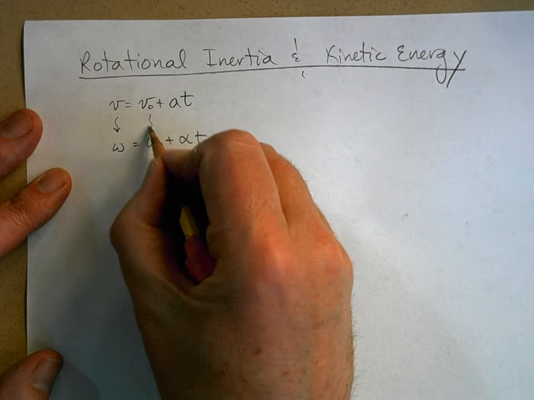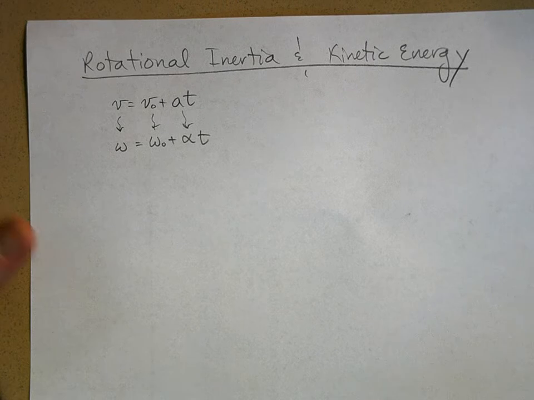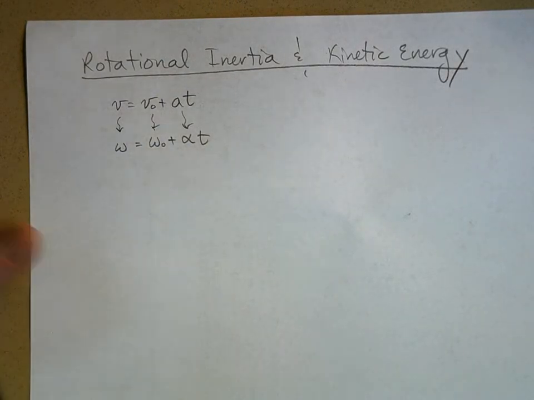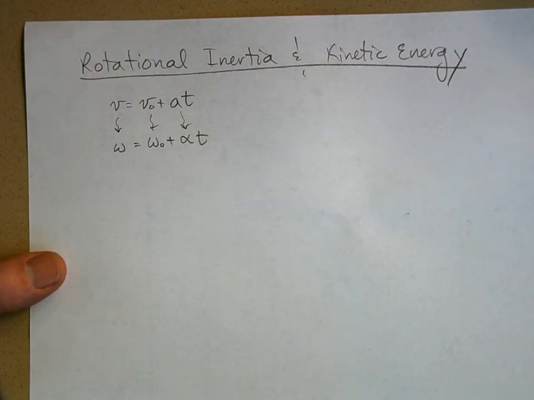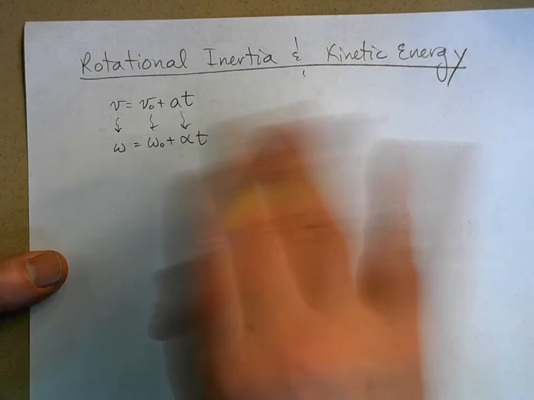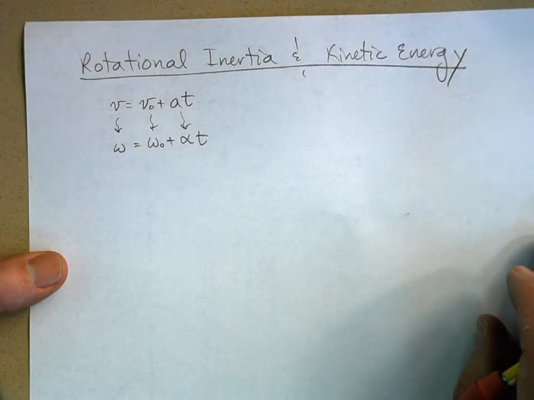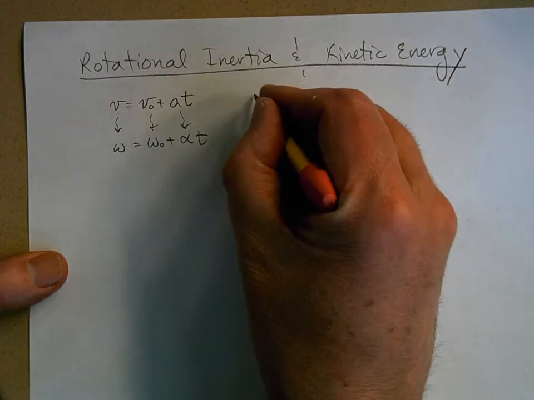We usually use Greek letters to represent rotating variables. And then we have all the kinematic equations. I'm not going to write them all out.